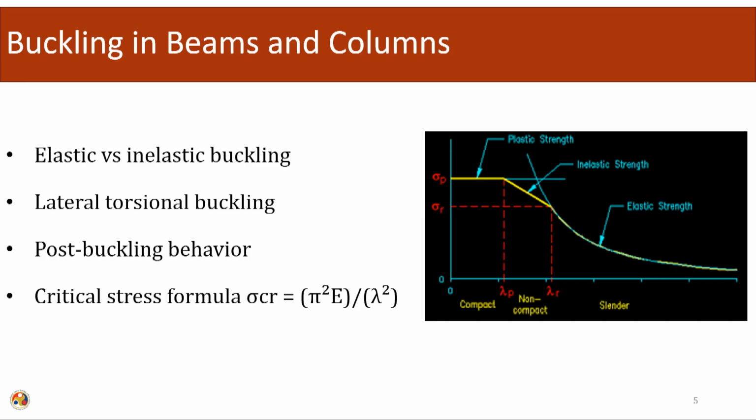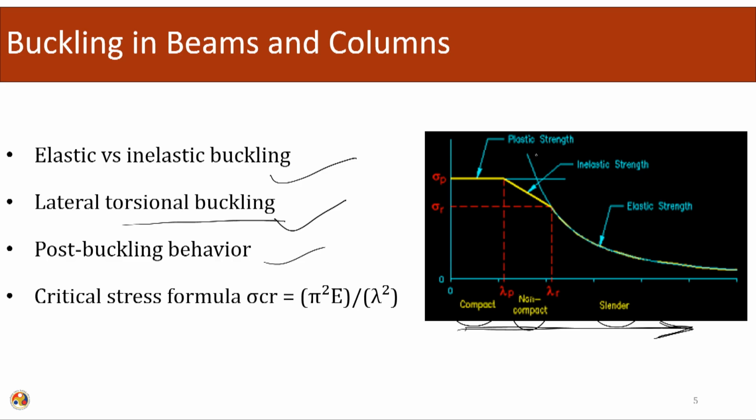Similarly, there will be buckling in beams and columns. There will be elastic versus inelastic buckling, there will be lateral torsional buckling that we already discussed, and there is the post buckling behavior. Depending upon the slenderness ratio of the sections, there is a tendency of reduction in the load carrying capacity, for the compact section, the non compact section and the slender section.